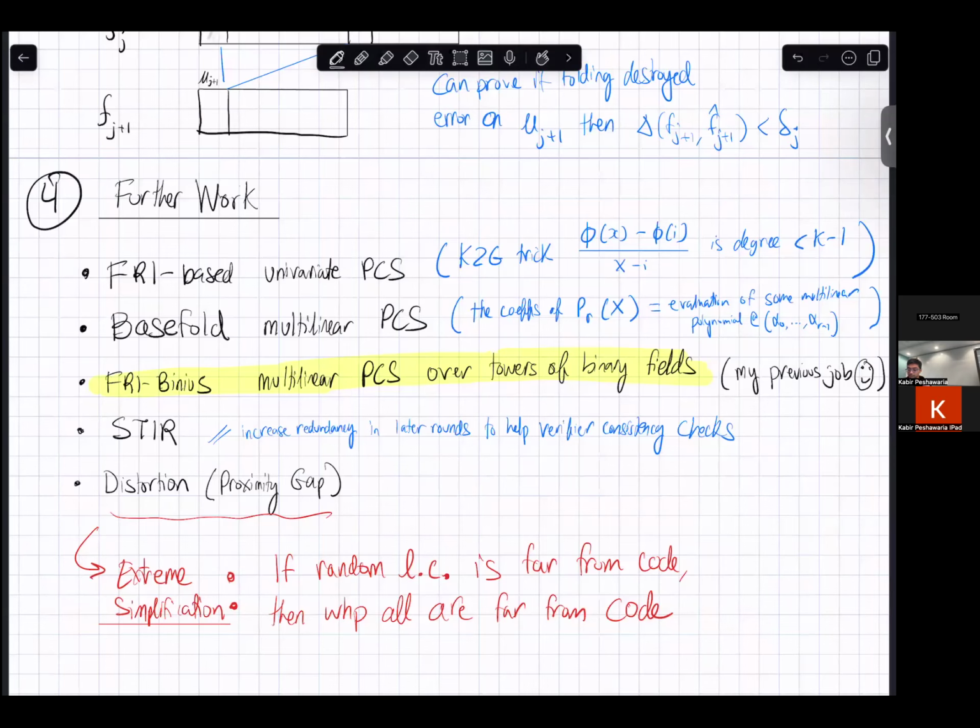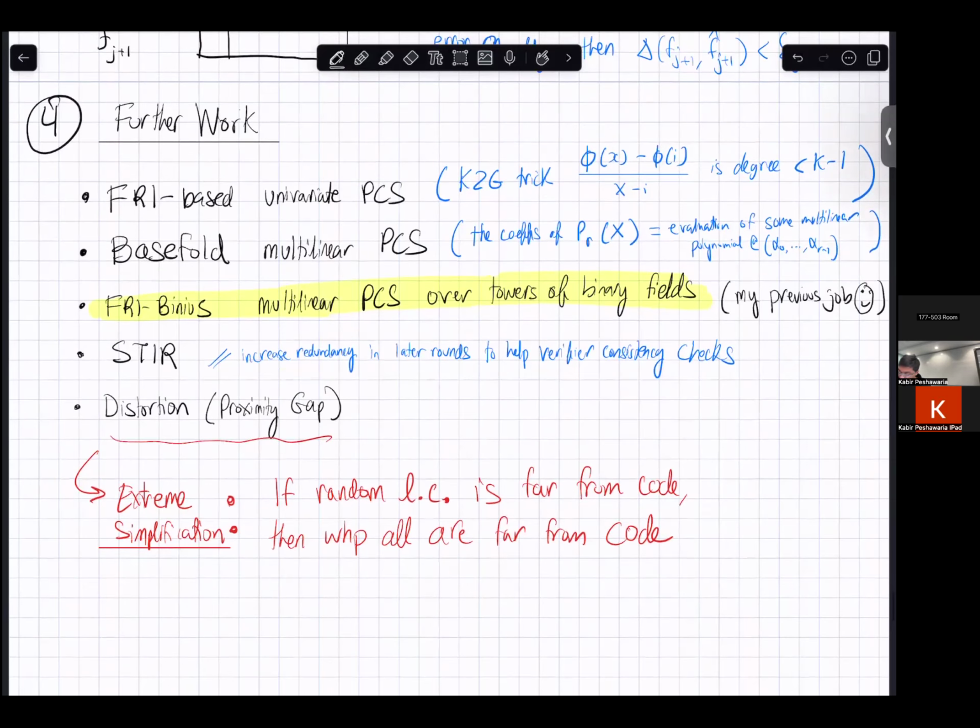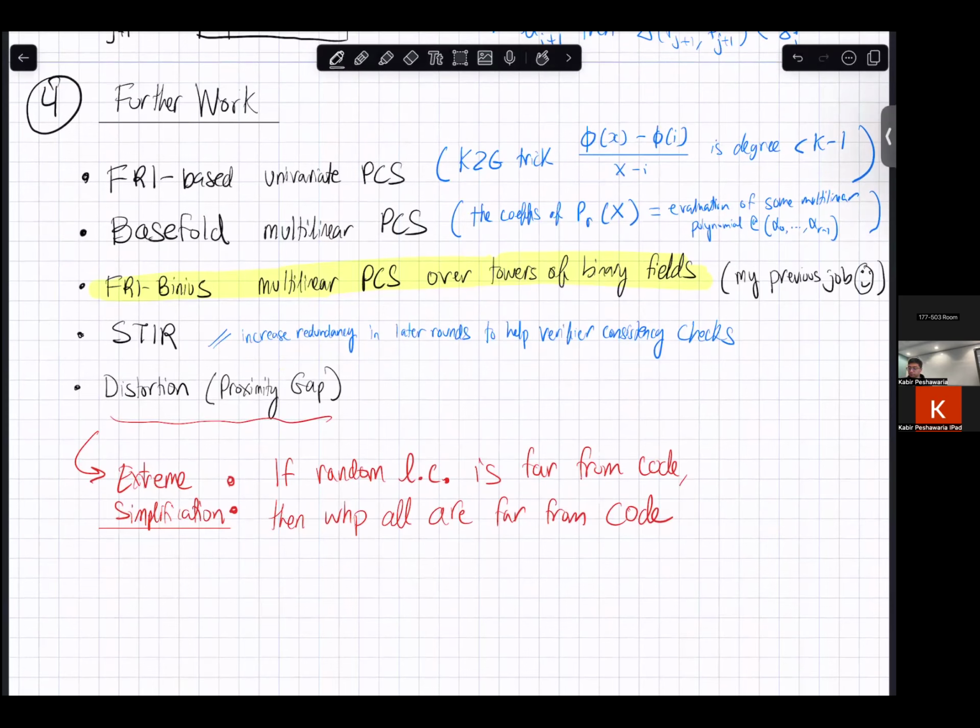If you change the size of the domain from n to n over 2 to n over 4, and maybe decrease the domain a little bit slower, so future codewords have more redundancy, then the verifier has an easier time doing its consistency check, right? Because more redundancy means the verifier needs to boost fewer times than t, the number of queries, in order to catch the prover with some good chance. That's a code switching technique if you've seen something like that before.